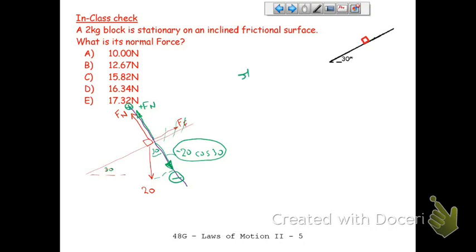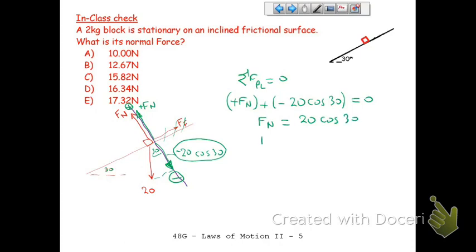I say the sum of the forces along the purple line equals 0: plus Fn added to minus 20 cosine 30 equals 0. Fn is equal to 20 cosine 30.